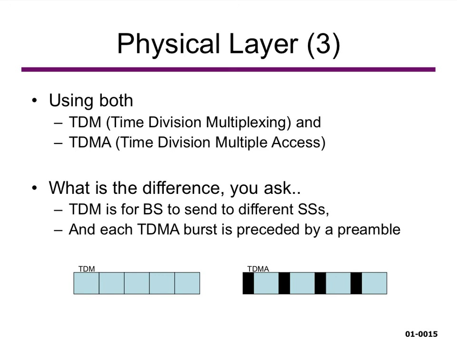Because each node will have to rely on its own clock to recognize the beginning of the time slot. So if there is any clock drift between the nodes, the time slots will overlap. So that's why you need some guard space to account for the clock drift between the nodes. That's why TDM is different from TDMA. TDM is used for downlink transmission and TDMA is used for uplink transmission.